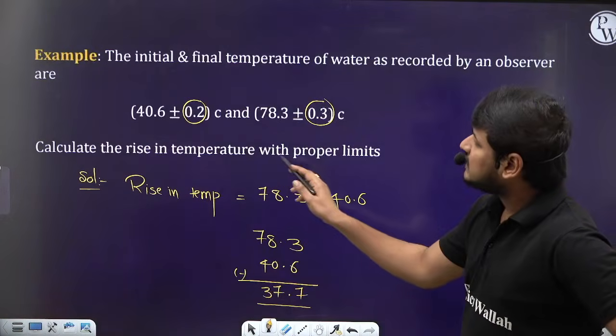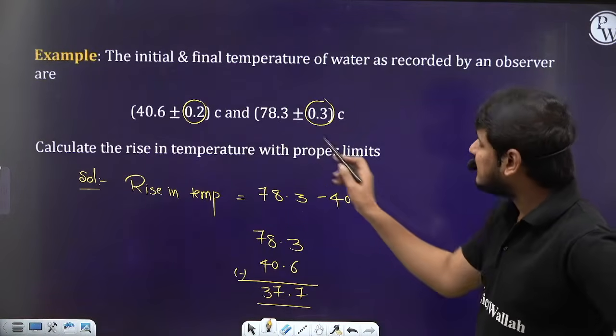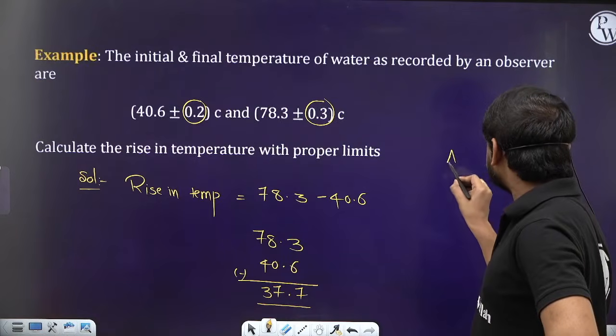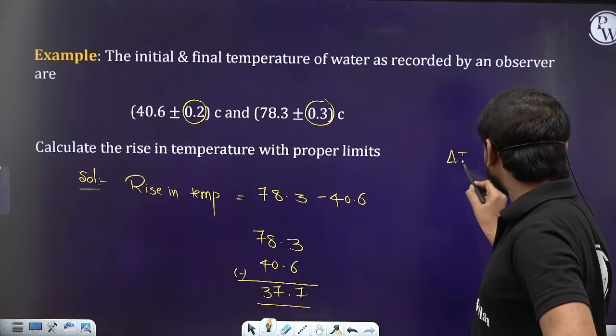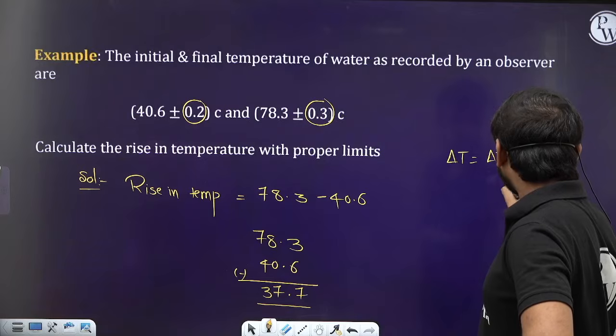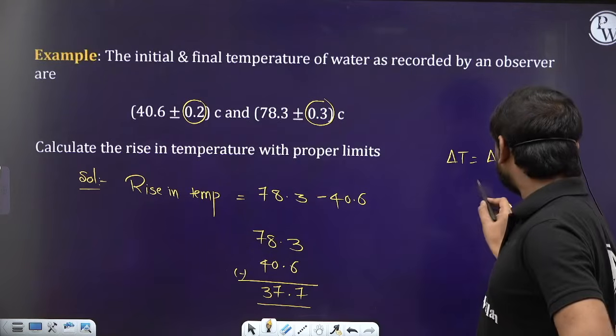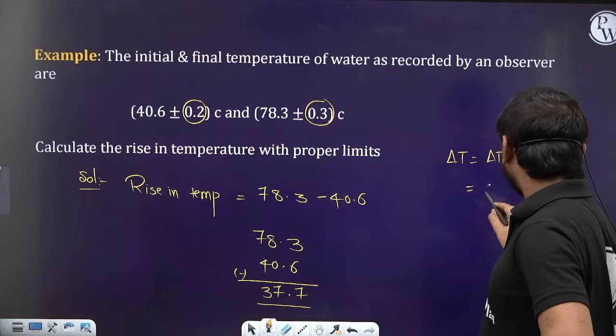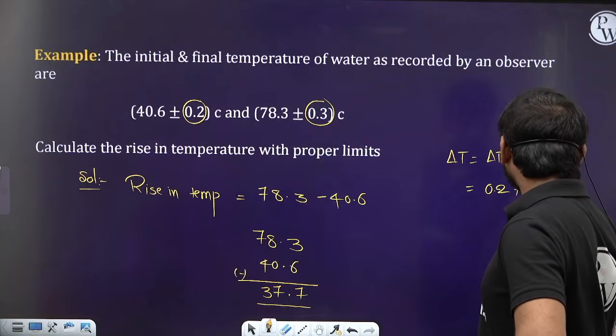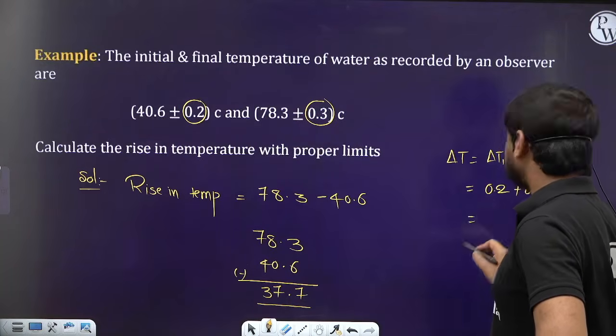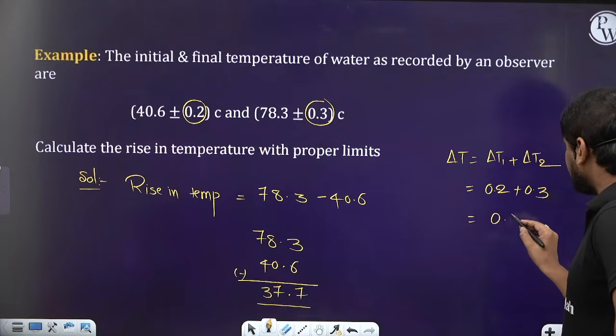So then what is the error? How do you get the error? The change in error, delta t, is equal to delta t1 plus delta t2. Just add their errors. What is the error in the first one? 0.2. And what is the error in the second one? 0.3. So the total is going to be 0.5.